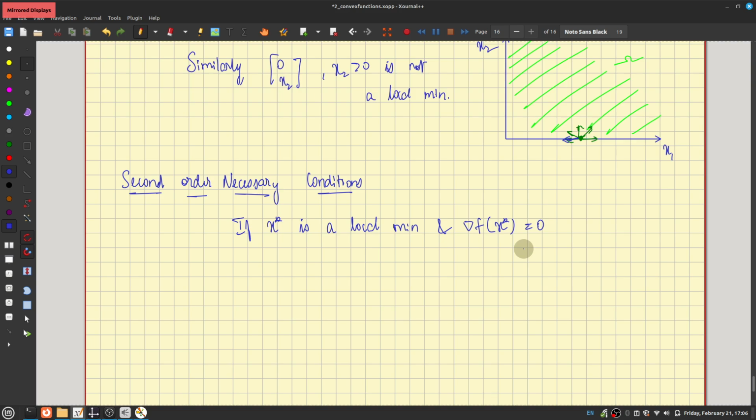At this point, it so happened that the gradient is equal to 0. This potentially could be a local minimum, it could be a local maximum also, or it could even be a saddle point. That's perfectly possible.